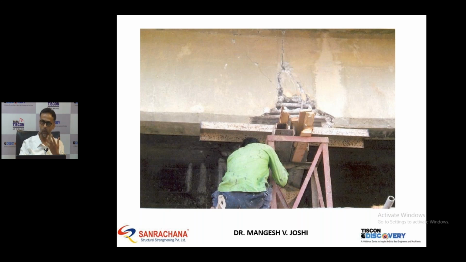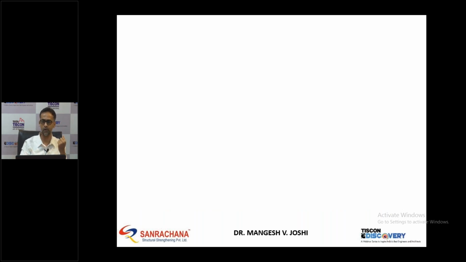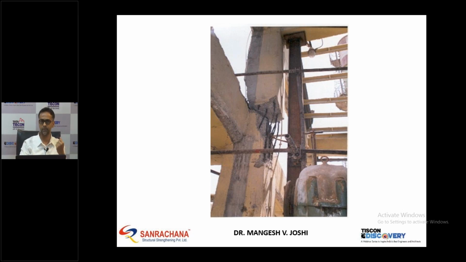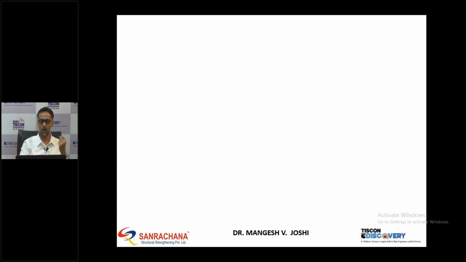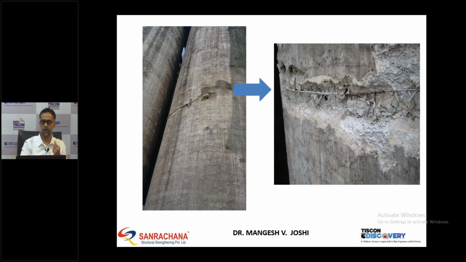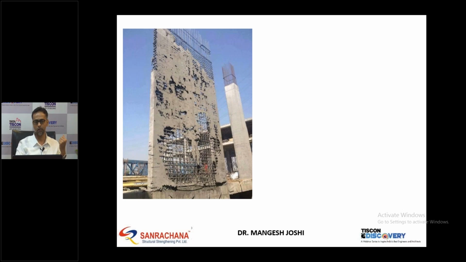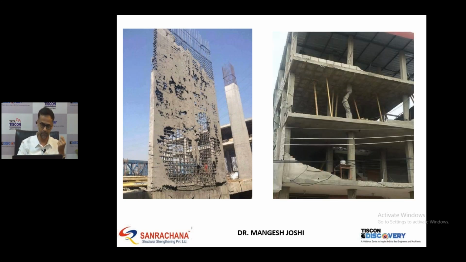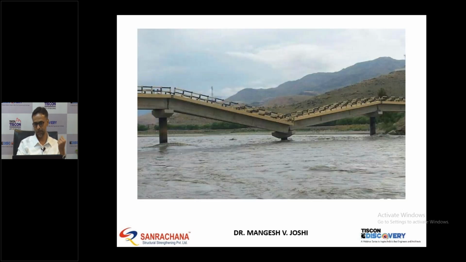This can be the one we are seeing currently on this photograph, or this type of damages which are sort of earthquake damages, or this type of structural failures of a structural element, in this particular case this silo, or this type of bad quality of concrete, honeycomb area, and this type of bad quality of concrete may lead to this type of collapses, or critical infrastructural projects like bridges.